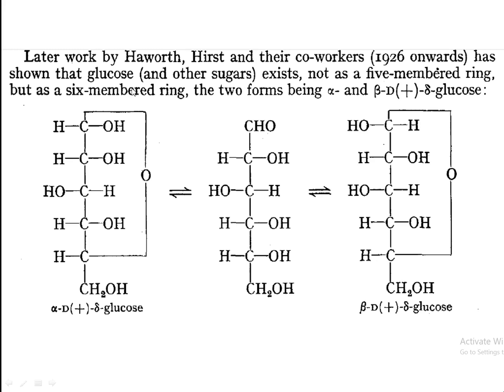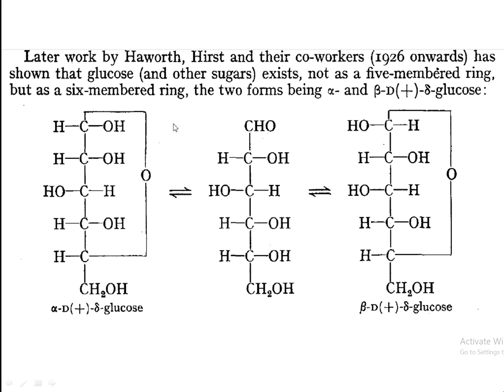After so many years, from 1926 onwards, Haworth, Hirst and their co-workers showed that glucose exists not as a 5-membered ring but as a 6-membered ring. As you can see in the previous structures, we showed 5-membered rings, but glucose exists in a 6-membered ring.